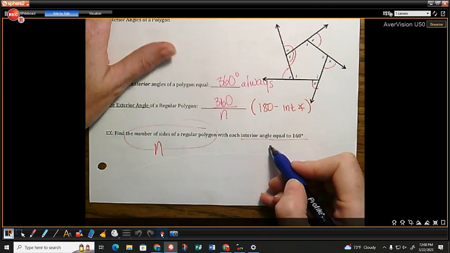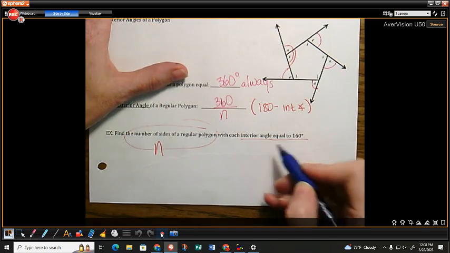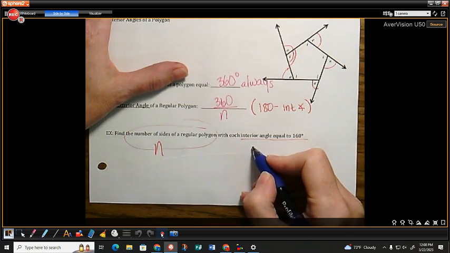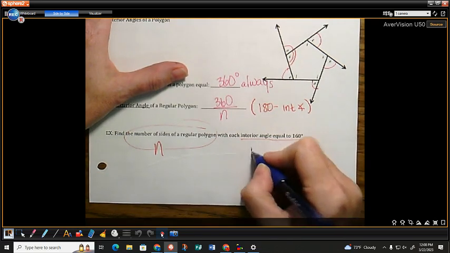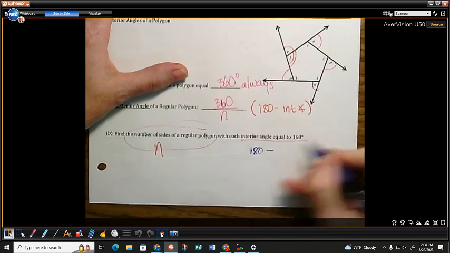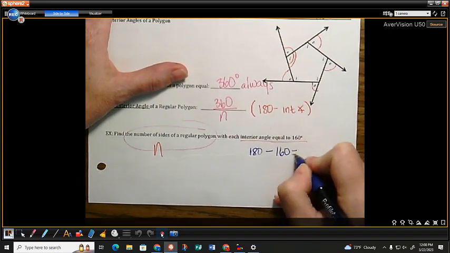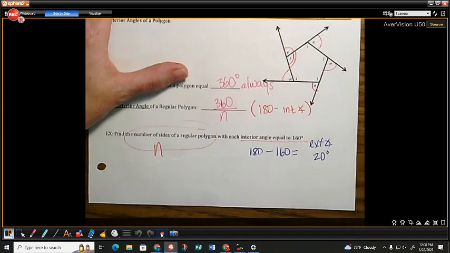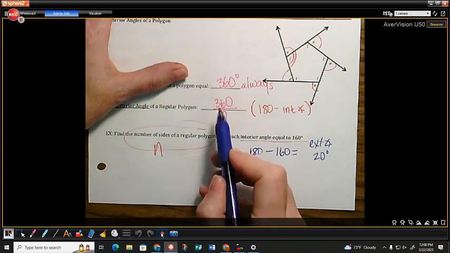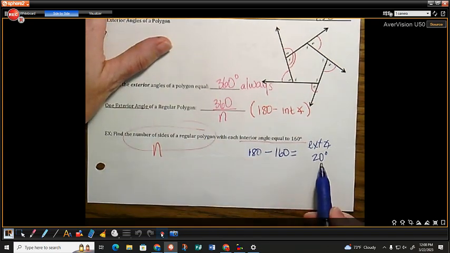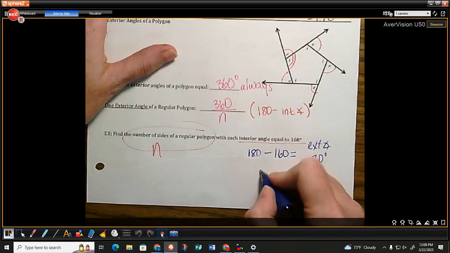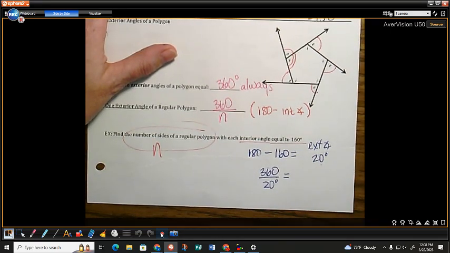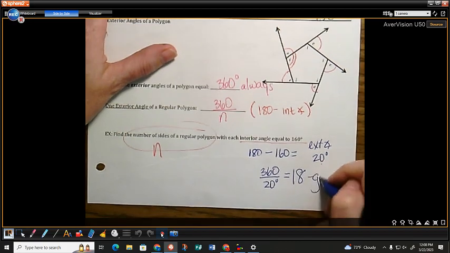Well, you can find the exterior because they form a linear pair. So I could do 180 minus 160 to get how big my exterior angles are? 20 degrees. If they're each 20 degrees, then 360 divided by 20 gives me how many sides? 18. So this is an 18-gon.